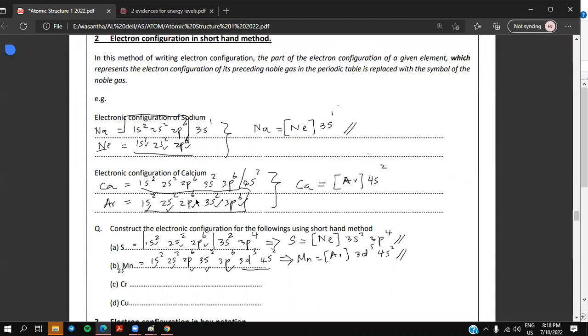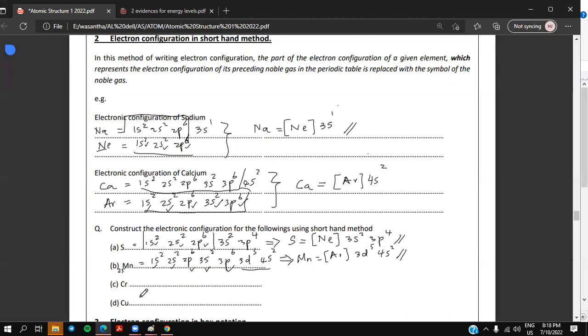I think I explained this to you clearly, and you have only two things to discuss yourself: chromium and copper. When you write the electronic configuration for chromium and copper, think about the internal electron rearrangement for better electron stability. I explained this in my session for SPDF notation of electronic configuration.